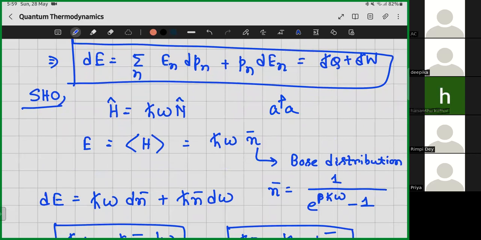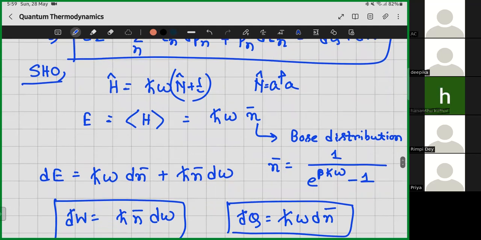So we can write the Hamiltonian of the simple harmonic oscillator like this. There should be a half here, but you can ignore that. This is our Hamiltonian of the simple harmonic oscillator. If we operate this Hamiltonian, let's say H, on any state n, then we get the energy. It's well known that A dagger A is the number operator.